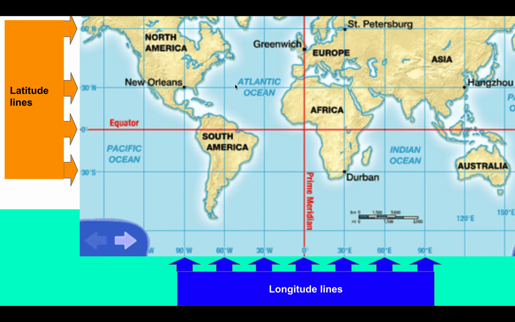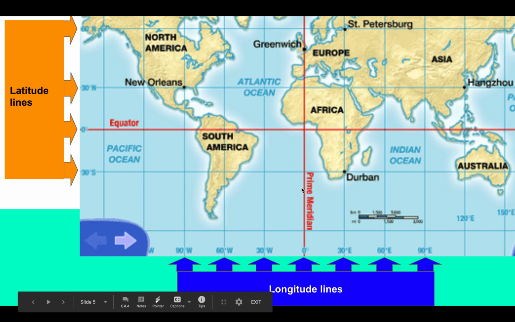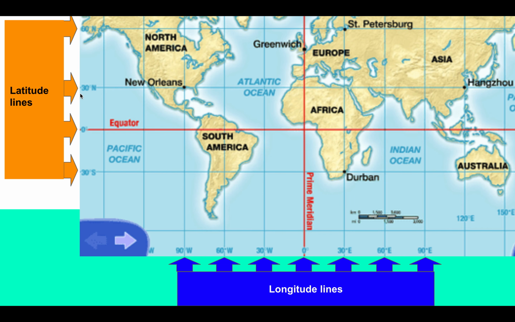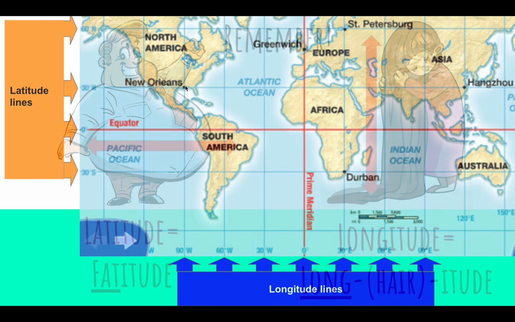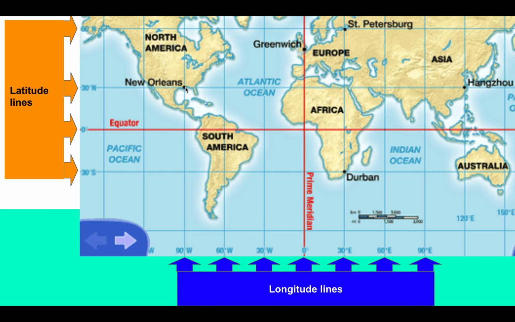We're going to talk more about lines of latitude and longitude later. This is just a quick sample. The purpose of these lines is to give us location. If somebody tells me that New Orleans is located at 90 degrees west and 30 degrees north, I can follow these lines and pinpoint that location perfectly.